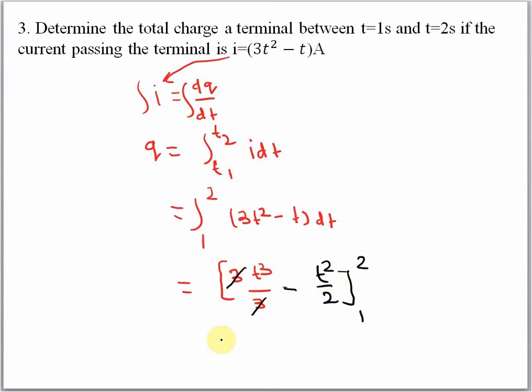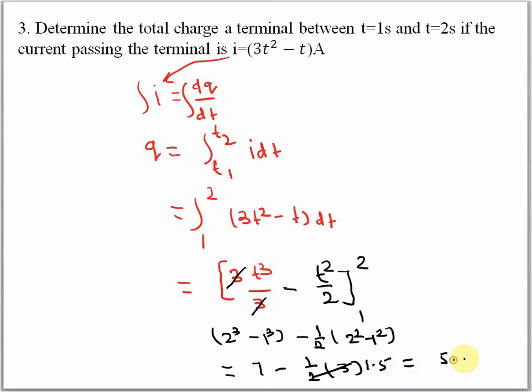Putting in the upper limit and lower limit, we have 2 cube minus 1 cube minus 1 by 2 times 2 square minus 1 square, so it would be 7 minus 1 by 2 times 3, which is 1.5, and it would be 5.5 coulomb. Okay, this is our answer.